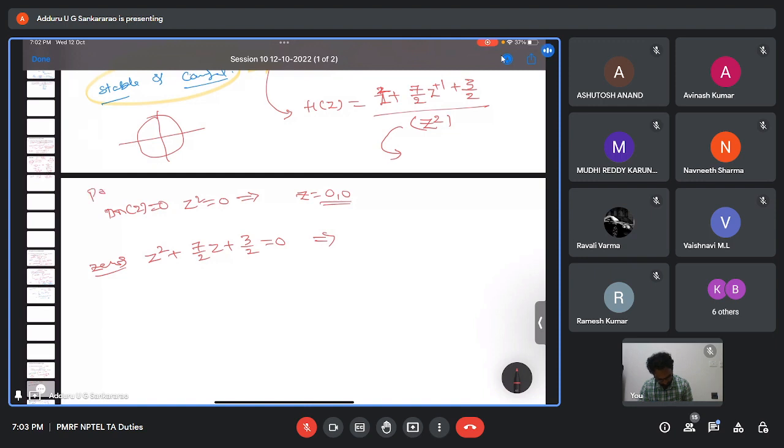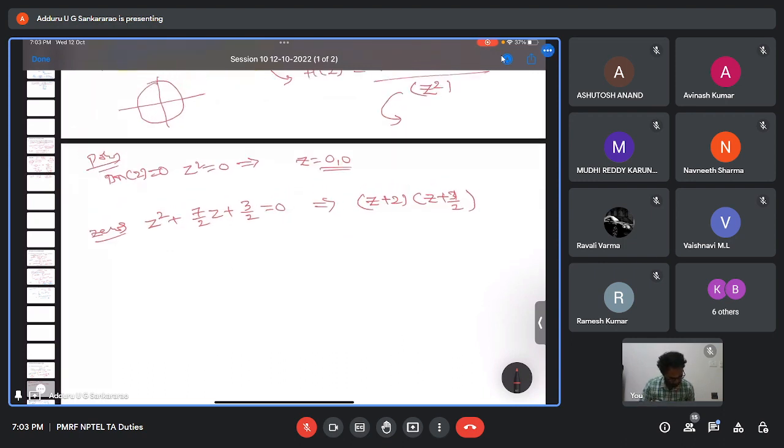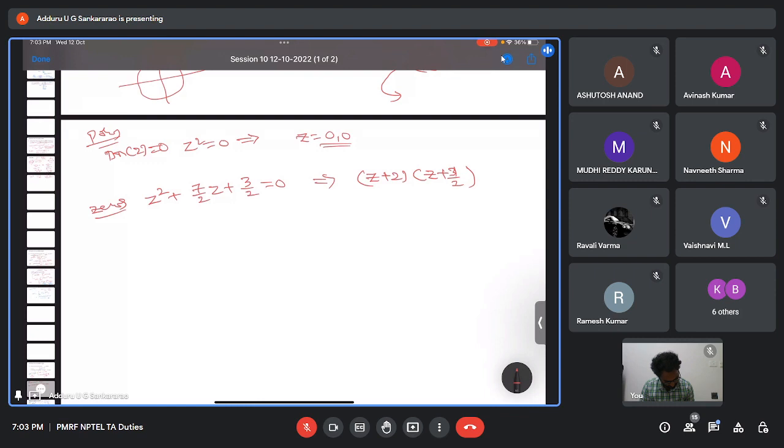This factors as z plus 3 into z plus 1 by 2 equal to 0.